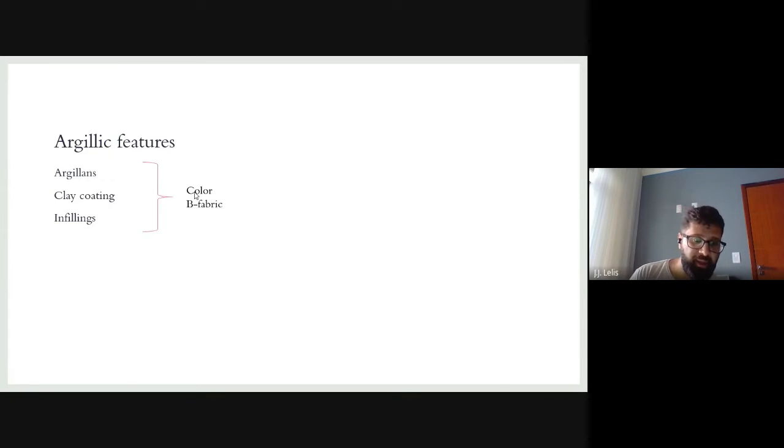So goethite turns into hematite because it loses water. Okay, so we need to be very careful to understand how color could express the formation of these materials.